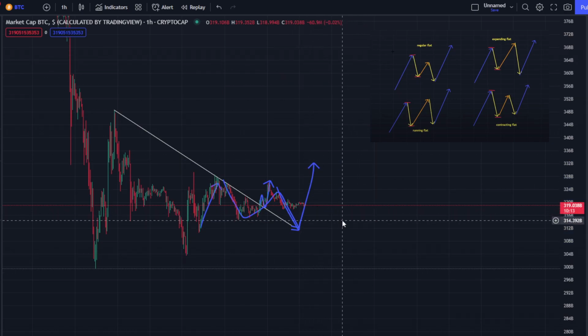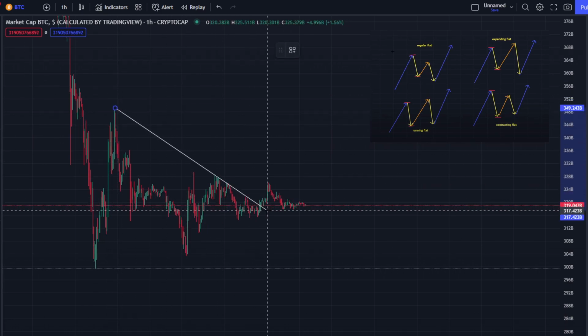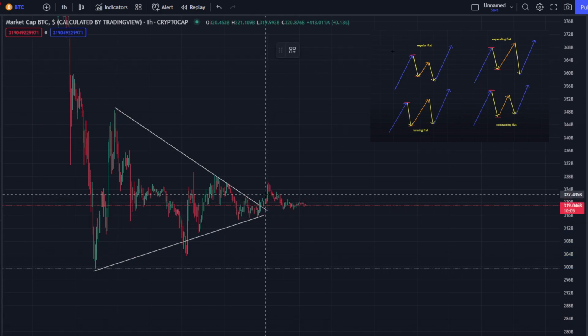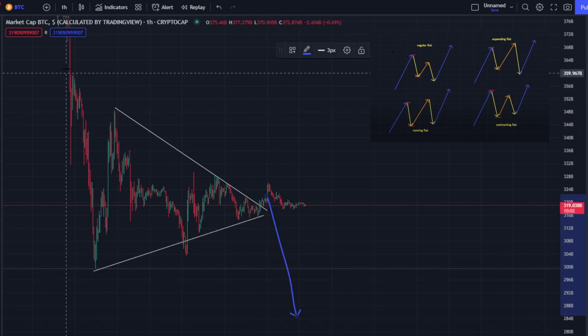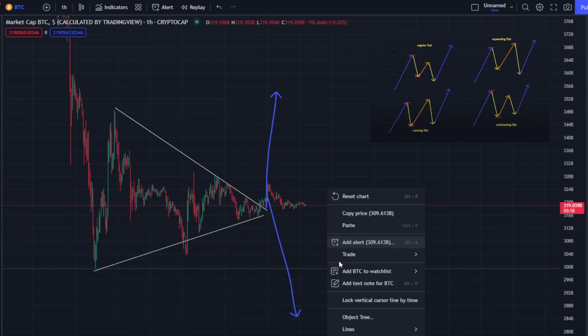So again, I just wanted to say this because I've seen people doing this and thinking, yeah, it will have a lot of volatility, come down like this or go up, so it's a breakout, and they don't even know the direction.